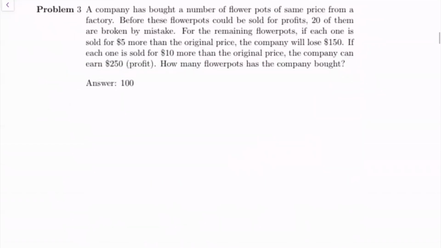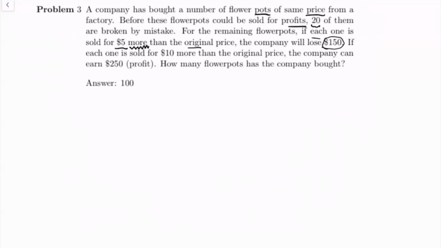Question number 3. A company has bought a number of flower pots of the same price from a factory. Before those flower pots can be sold for profit, 20 of them are broken by mistake. For the remaining flower pots, if each one is sold for $5 more than the original price, the company will lose $150.